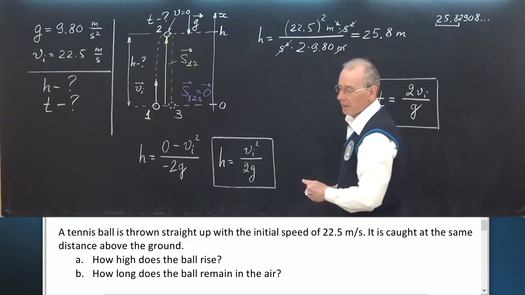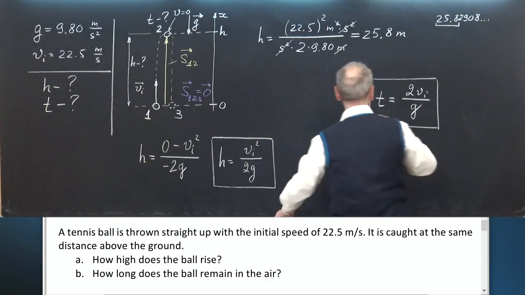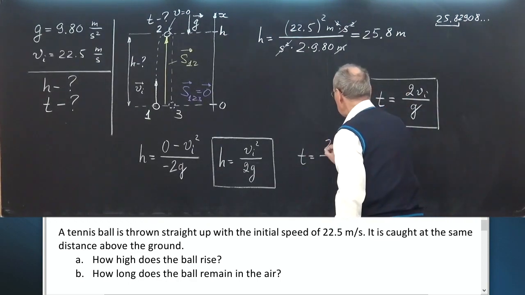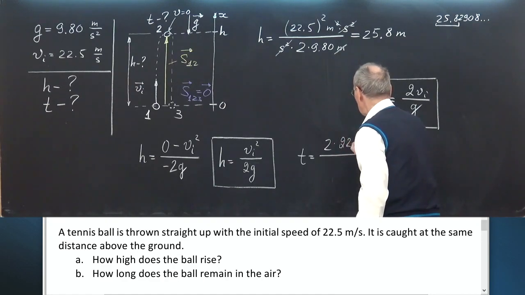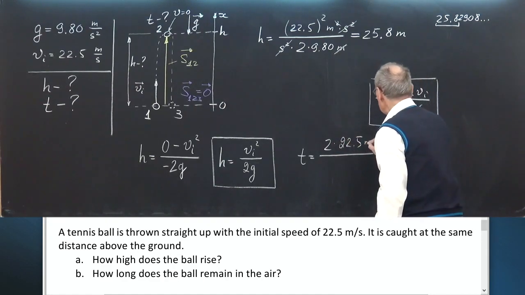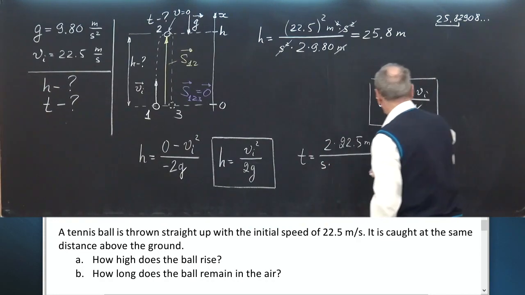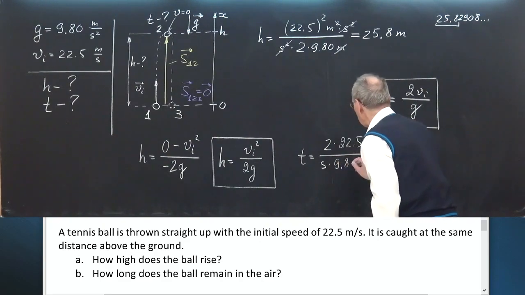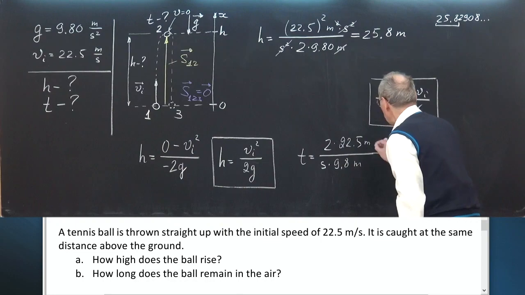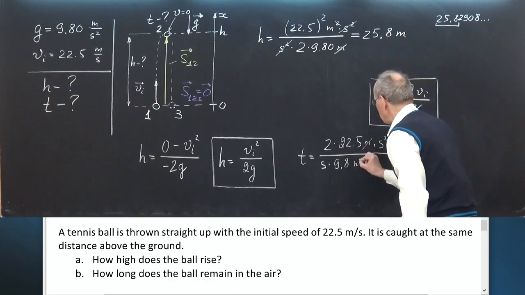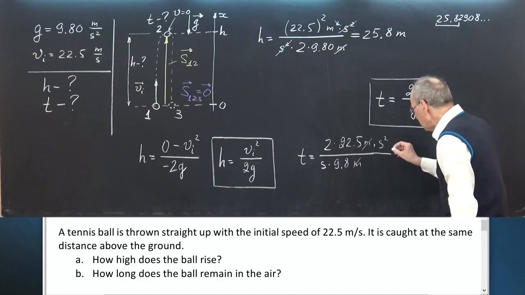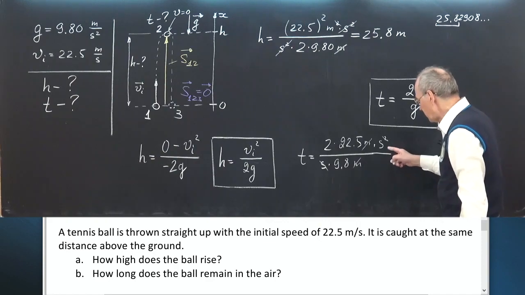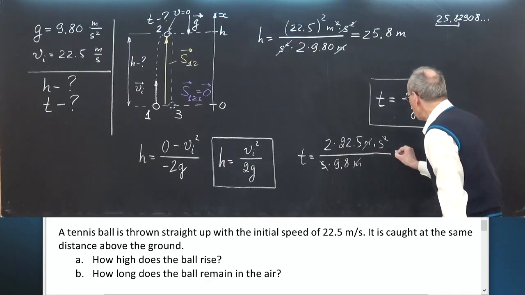How long does the ball remain in the air? Use this formula. T equals twice 22.5 meters per second over 9.8 meters per second squared. Meters and meters divide out, seconds partly divide out, so the result is in seconds.